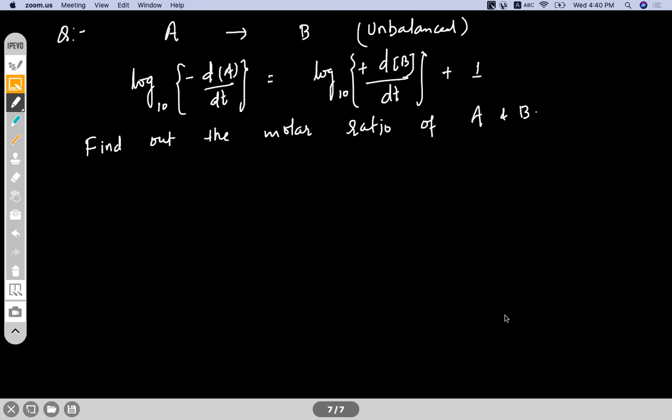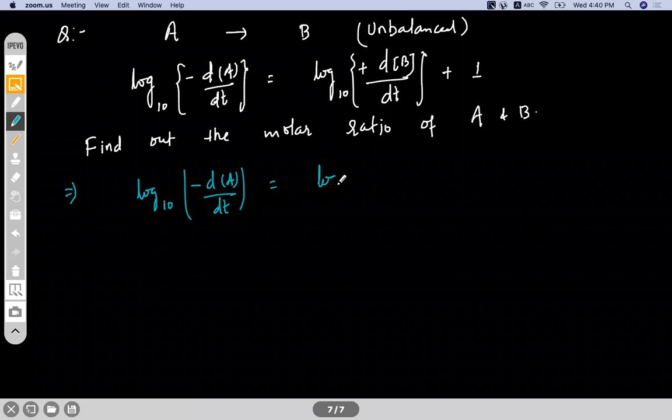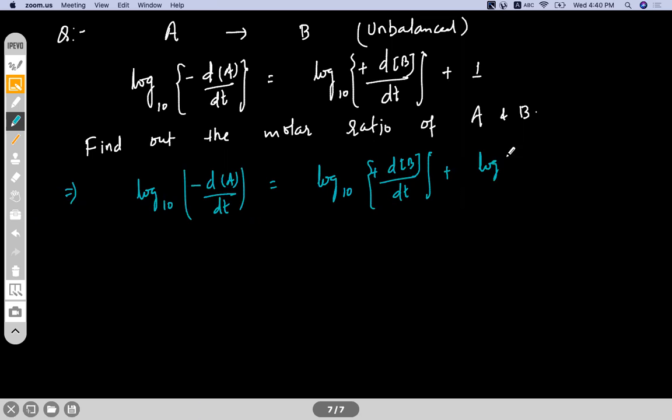Yes, 10:1. Simple mathematics you have to use. 10A gives B. So we can write this as log of base 10 minus dA by dt is equal to log of base 10 plus dB by dt, and the 1 we can write as log 10.